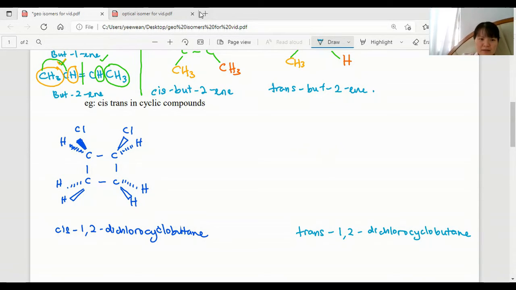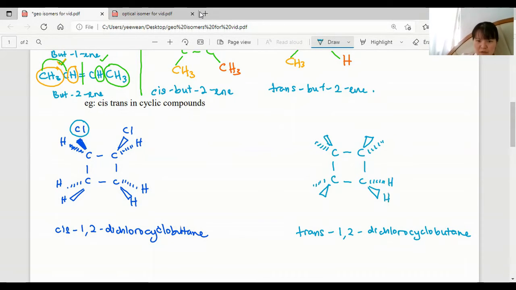Let's draw the trans. The trans, the chloro one will have to come out and the other one will have to go into the page. So I'm going to draw something that looks similar to the cis. Coming out, and going in.